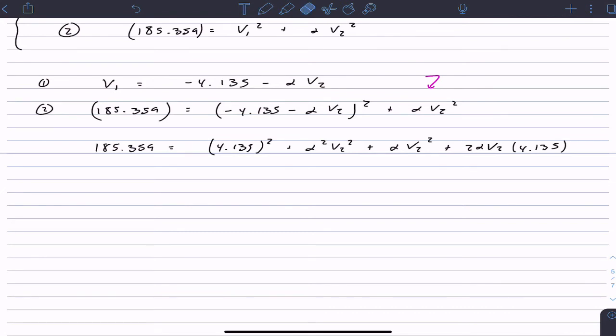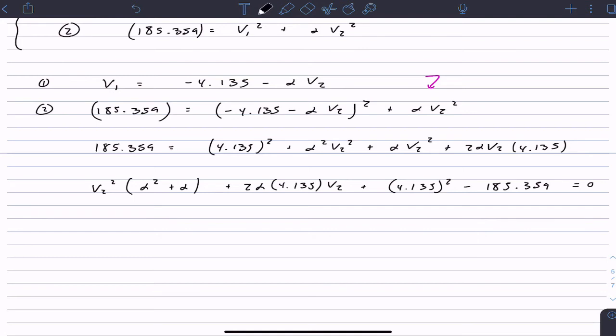We need V2 squared times that, right, plus 2 alpha times 4.135 V2, and then we have plus 4.135 squared minus 185.359 is equal to 0.